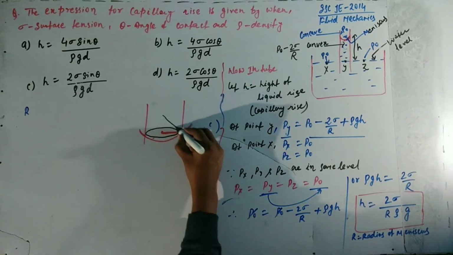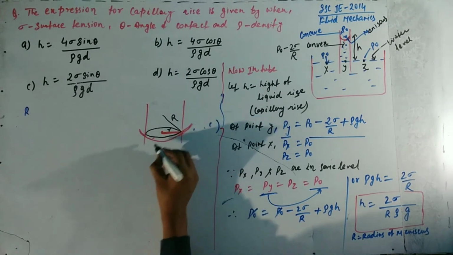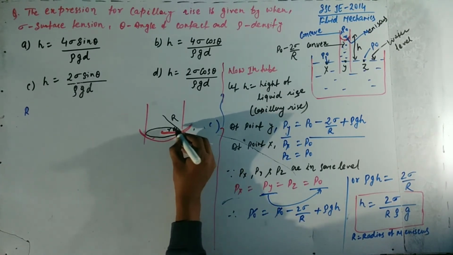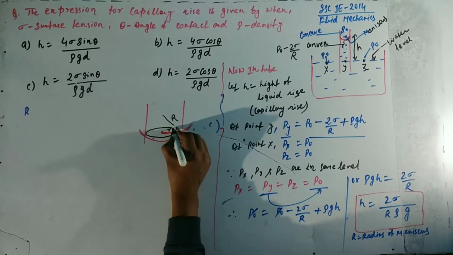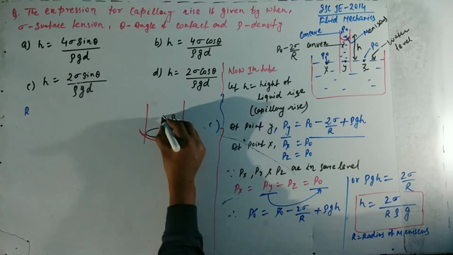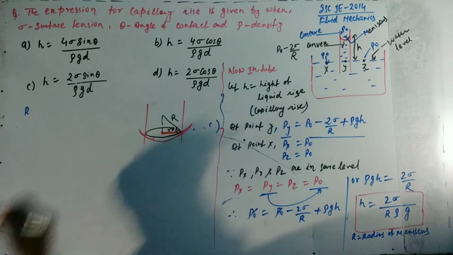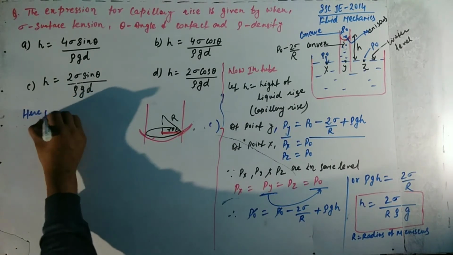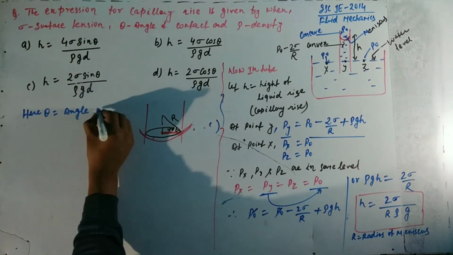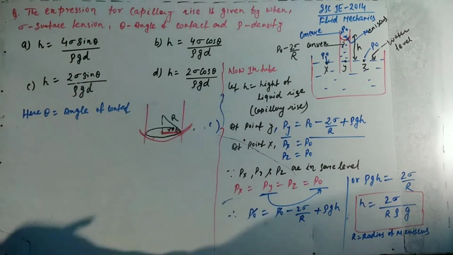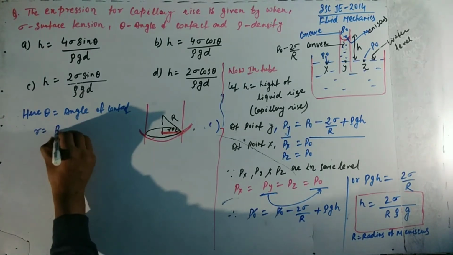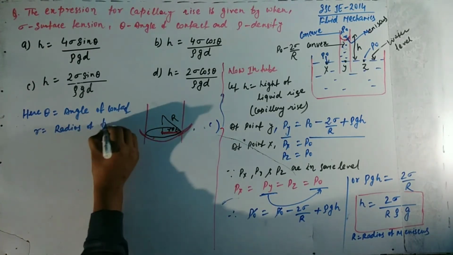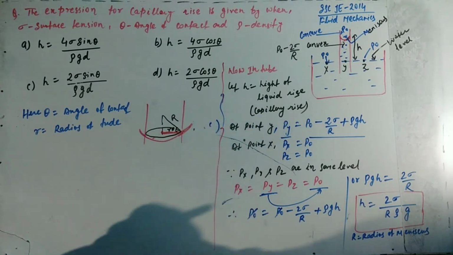When we see it from above, this is the water level at which the liquid rises, and capital R, the meniscus of the tube, forms an angle theta, which is the angle of contact. Small r is the radius of the tube.